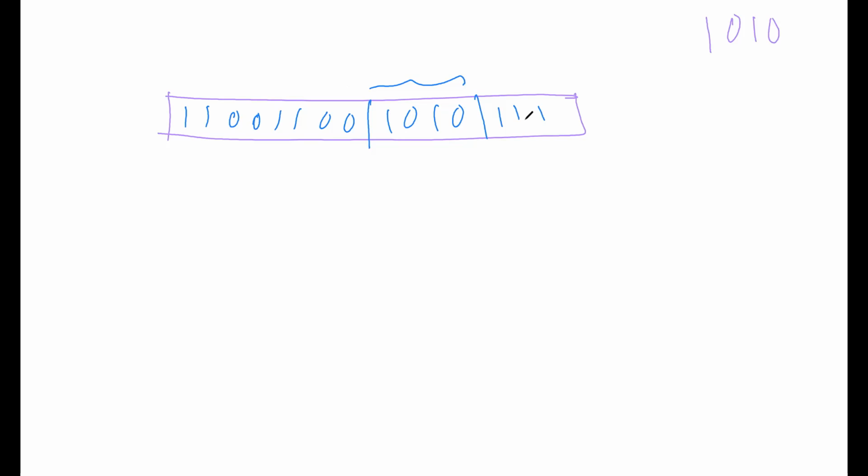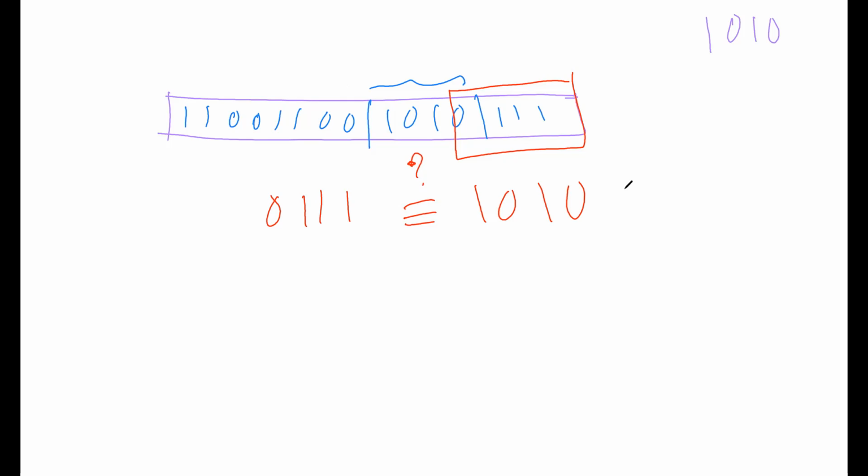So how do we do this? The procedure is very simple. You read the data 4 bits by 4 bits. You take the first 4 bits, and then you compare them with 1 0 1 0. If it is equal to that, then you count 1.